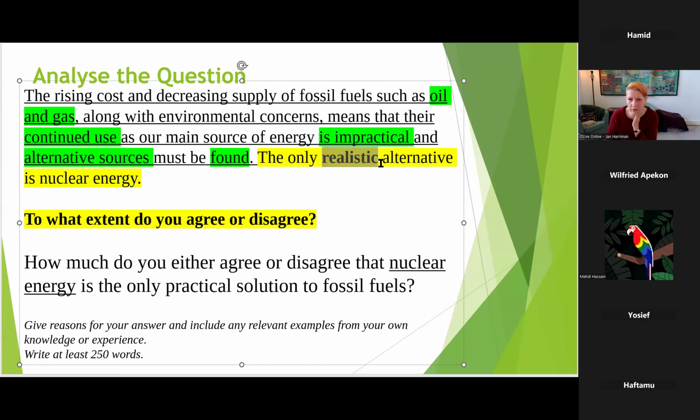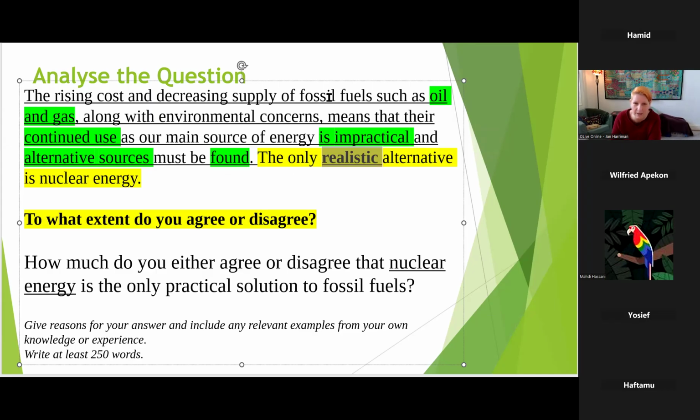And it's always going to be words like realistic or best or most effective. They'll always say something like that. What's the best way for children to learn to have good eating habits? Questions like that. It'll be something about best or realistic or something of that nature.